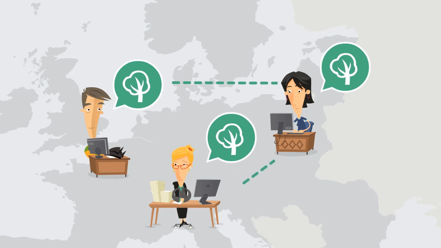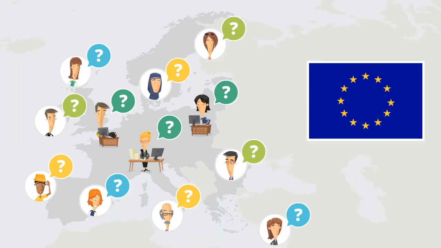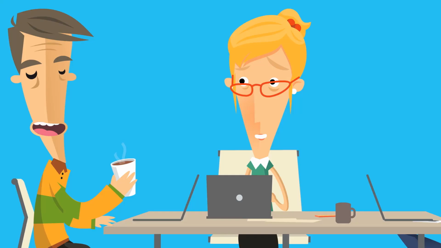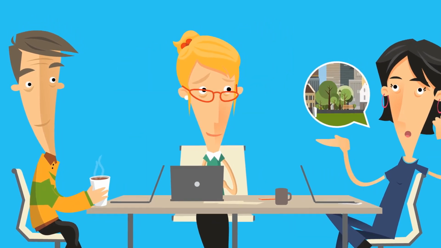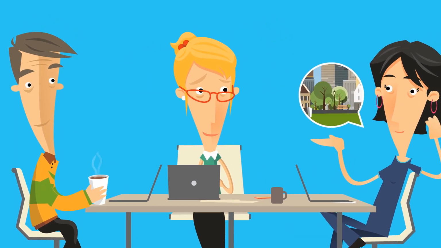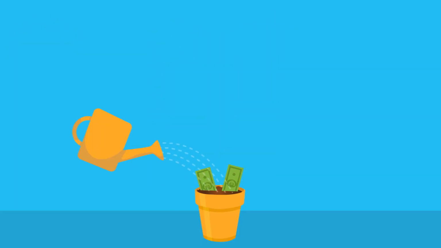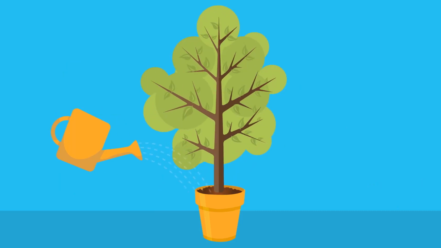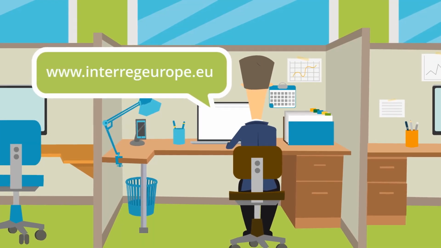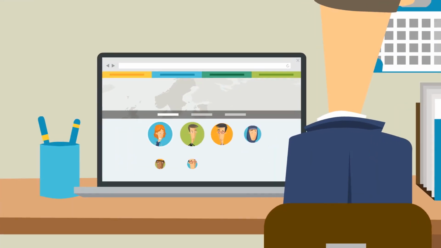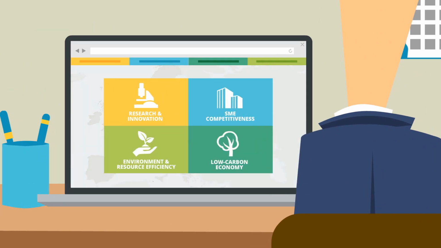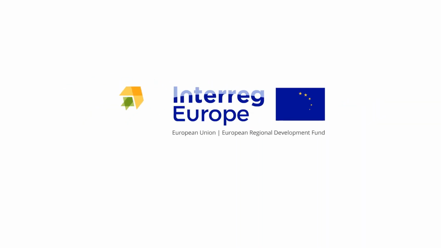Luckily, Europe has a solution that allows regional and local authorities to cooperate, a program called Interreg Europe. Instead of having to do it all on your own, you can learn from each other and bring this experience to your own region. The program can fund your project. Now we got your attention. So subscribe to our community to be inspired by what other regions have done in the past, find project partners, build a project together and get funded. Let's share solutions for better regional policies.